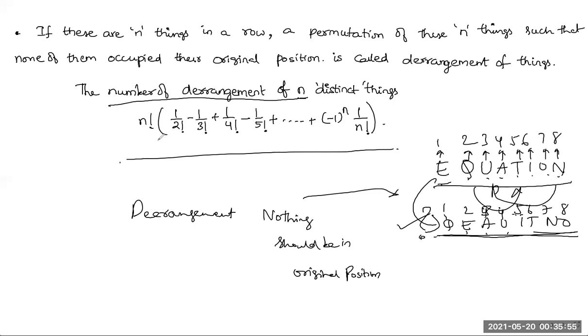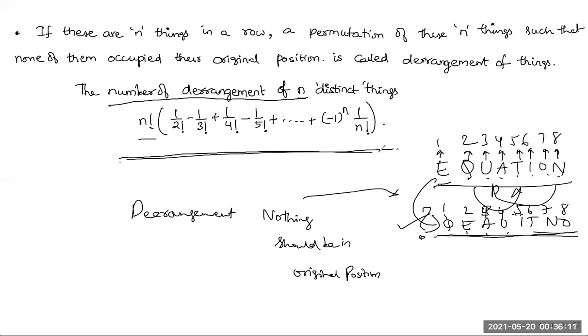So the formula for that is n factorial into 1 by 2 factorial minus 1 by 3 factorial plus 1 by 4 factorial minus 1 by 5 factorial and so on, up to minus 1 whole power n by n factorial. It's an interesting proof.